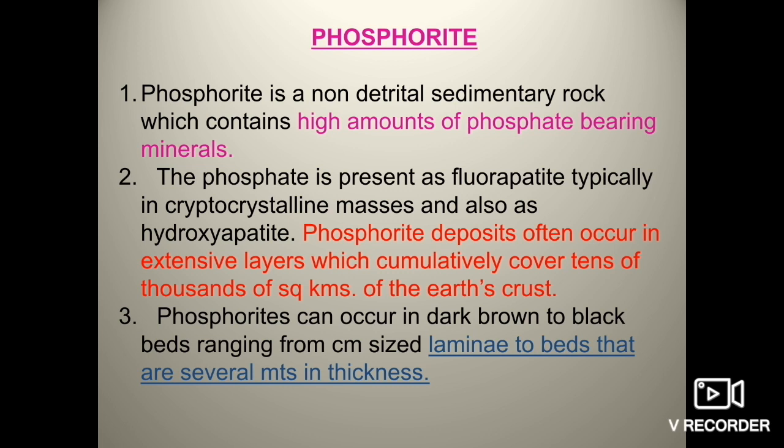Phosphorite deposits often occur in extensive layers which cumulatively cover tens of thousands of square kilometers of the earth's crust. Phosphorites can occur in dark brown to black beds ranging from centimeter-size laminae to beds that are several meters in thickness.